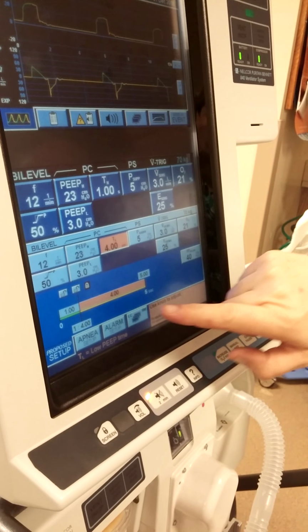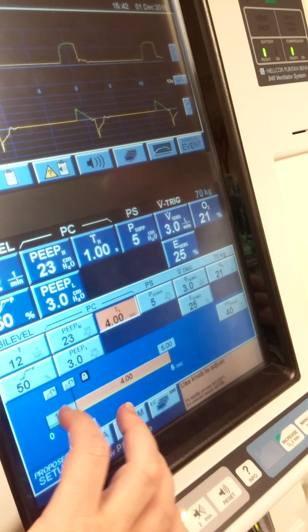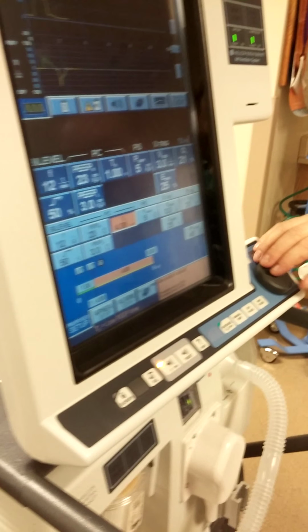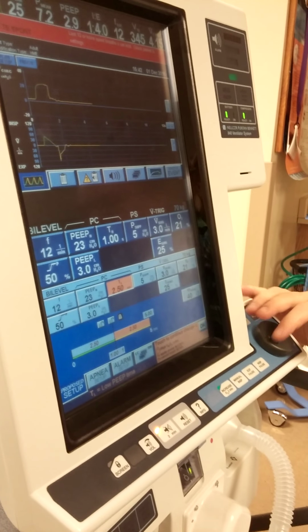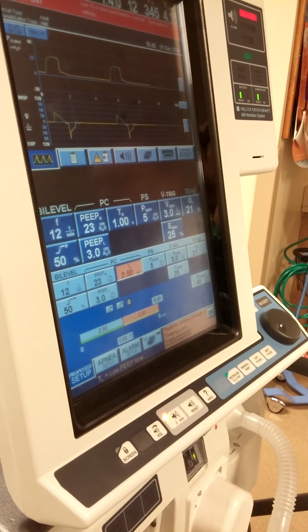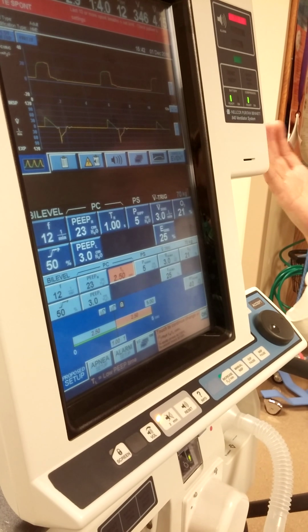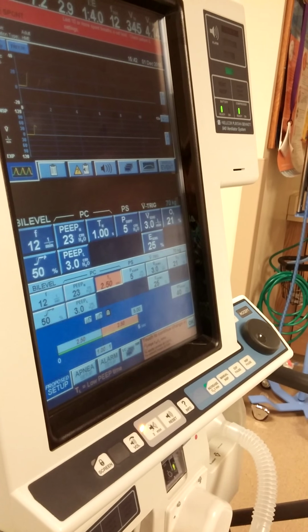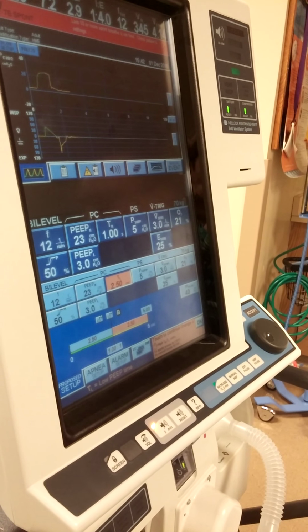Normally in pressure control I would have the time high at 0.8 to 1.2. Here I'm going to have the time low in that kind of range. I think the protocol says 0.5 to 1.2.